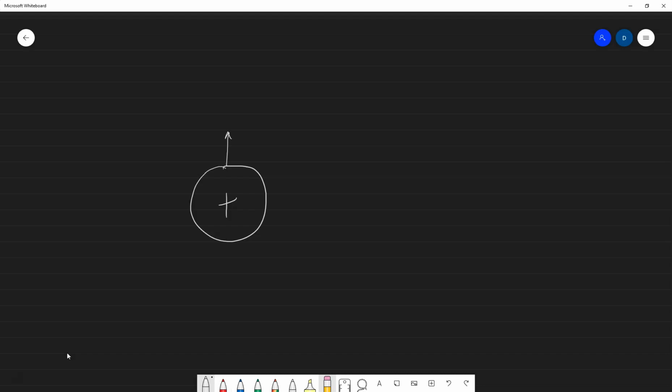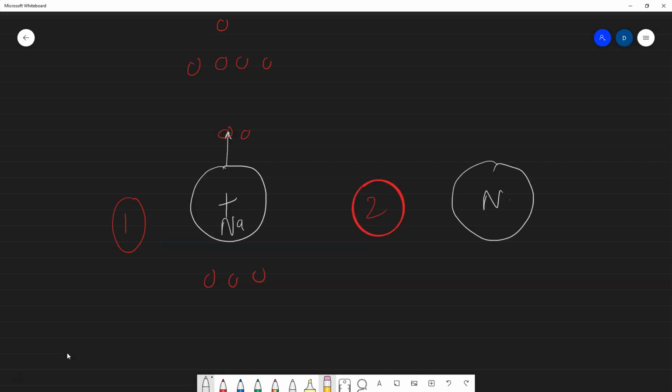One possibility, taking this sodium, is that 2 electrons are here, the remaining 8 electrons are over here, and the remaining 1 is here. Is this the way the electrons are configured? Or the second possibility, for the same sodium nucleus, is that the first two electrons, rather than being near, are far away.